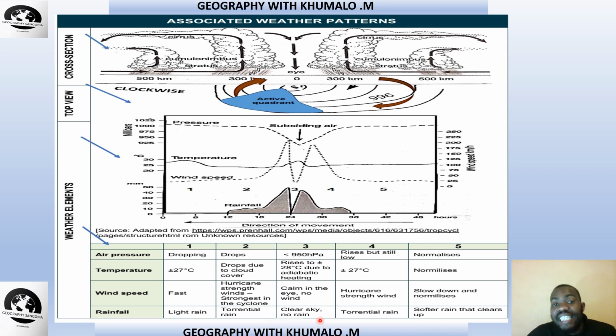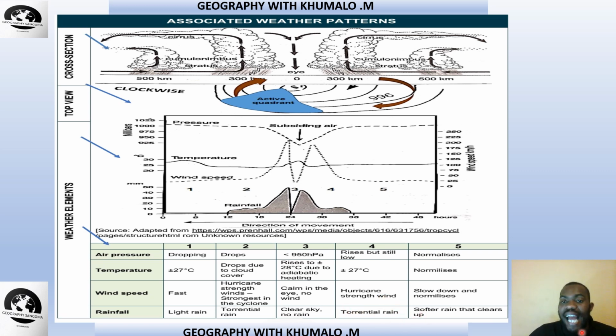Now, just slightly as you move away from the eye, there is a rise in air pressure, but it's still low, and the temperatures pick up to 27 degrees Celsius. Our wind speeds start to strengthen to hurricane winds, and then we get heavy rainfall, which is also known as torrential rainfall.